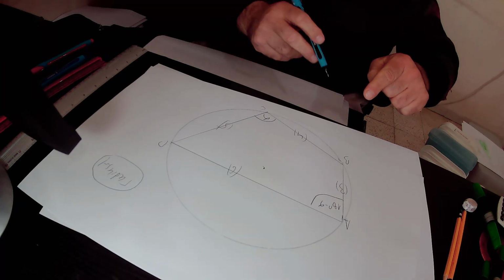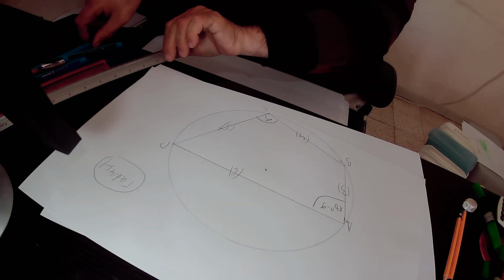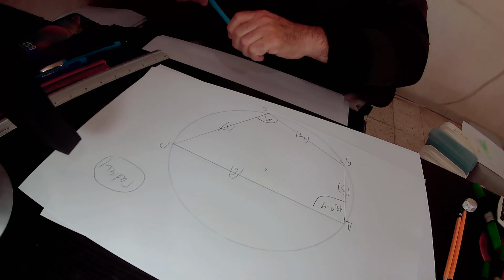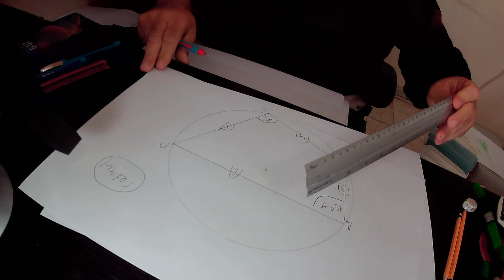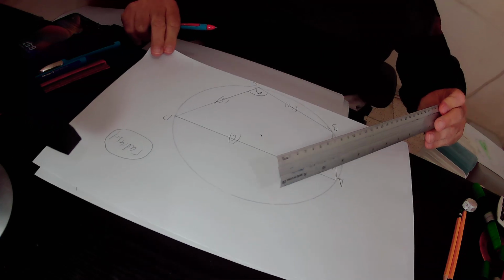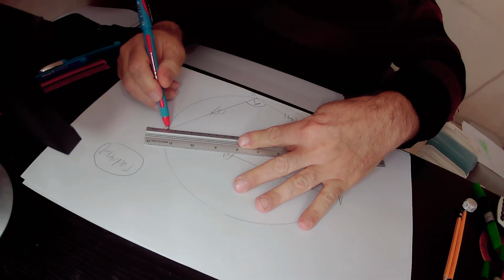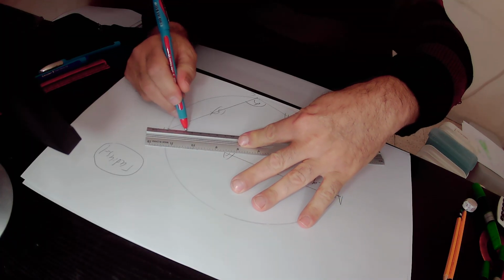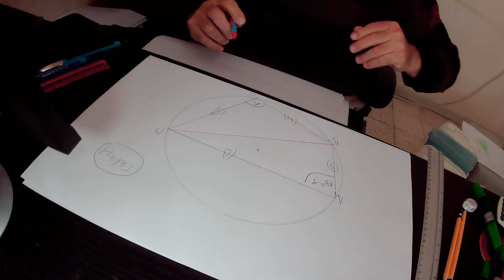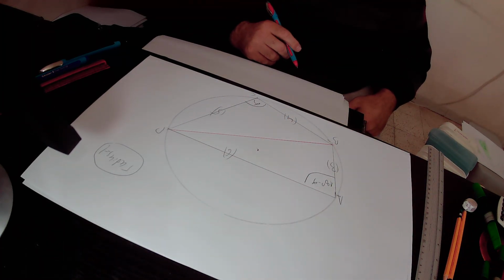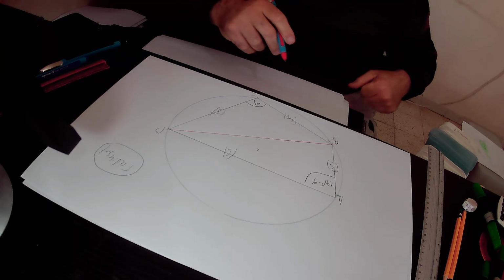In the next step, we join points B and D together by a straight line. By joining points B and D, we divide quadrilateral ABCD into two parts.